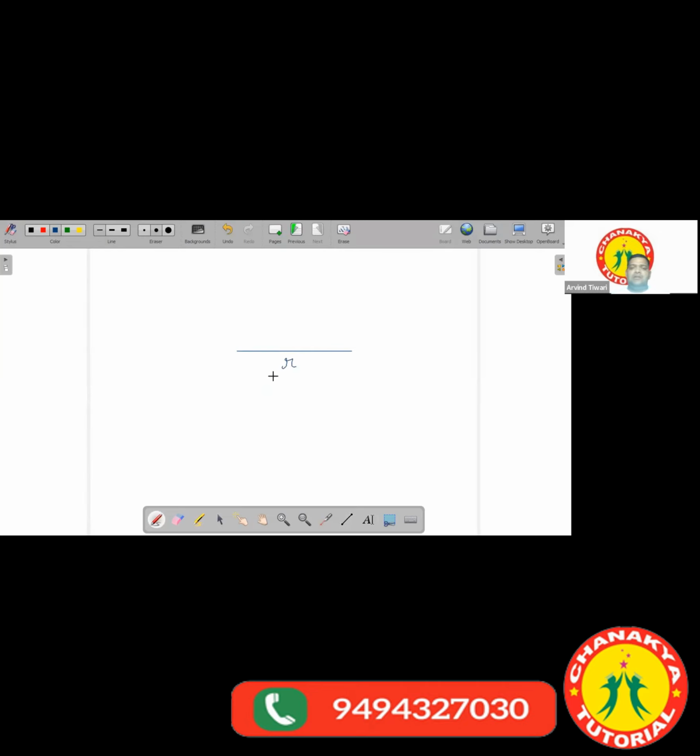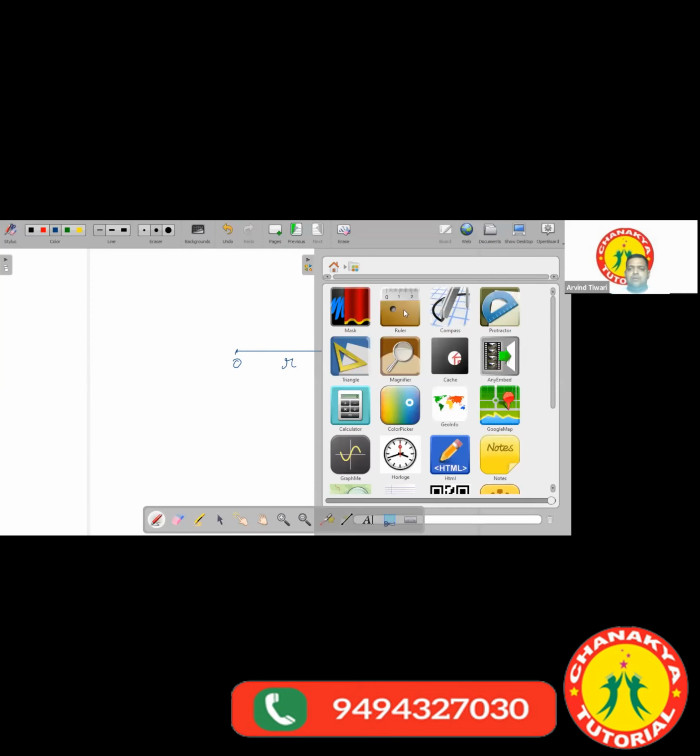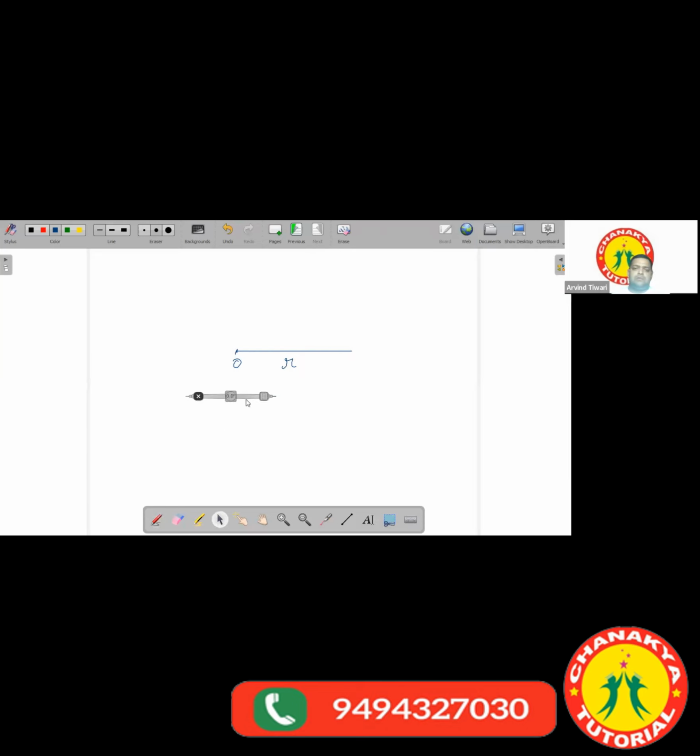Suppose this is the radius, and you have the center O. Suppose I'm making this angle.